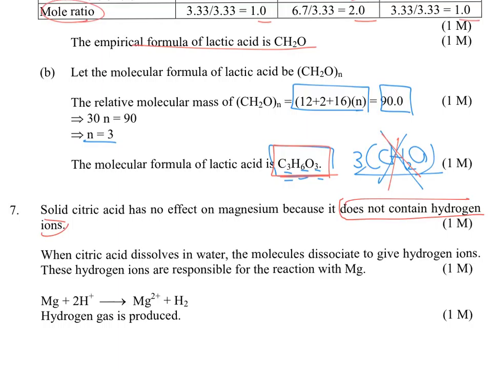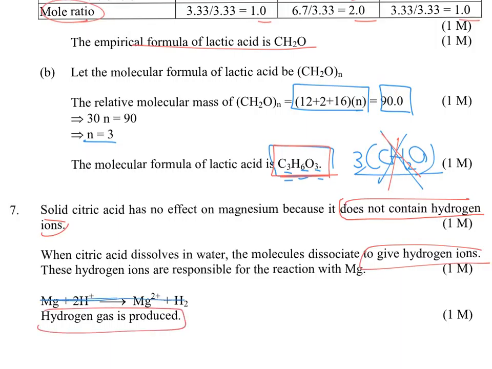Solid acid cannot react because it doesn't have any hydrogen ions, no acidic property. However, when dissolved in water, it gives out hydrogen ions. And very important, you need to explain why effervescence happened, why colorless gas bubbles evolve, because hydrogen gas is produced.